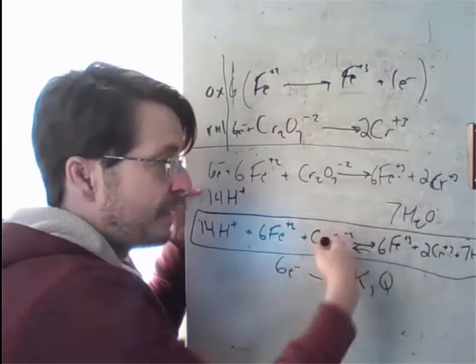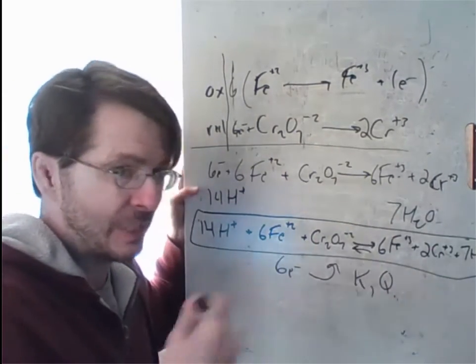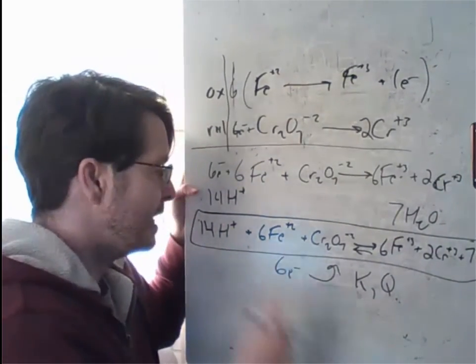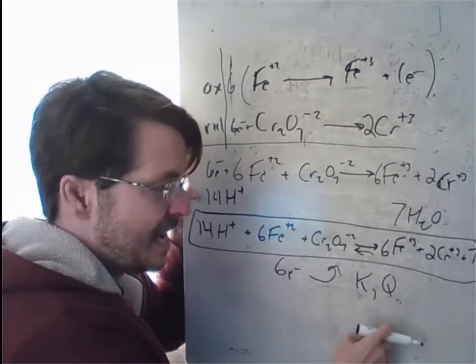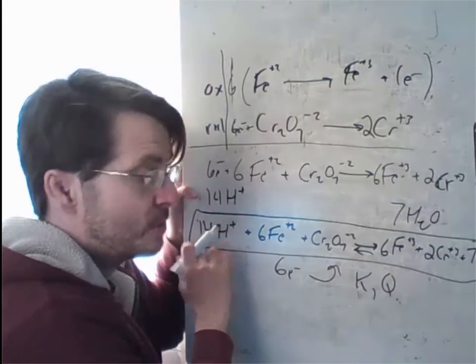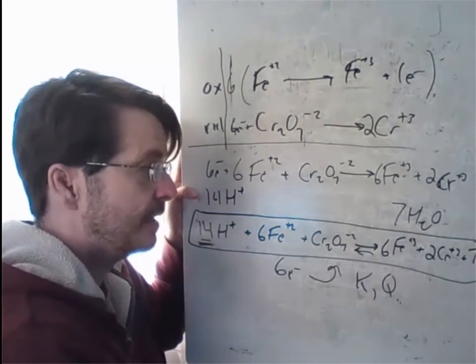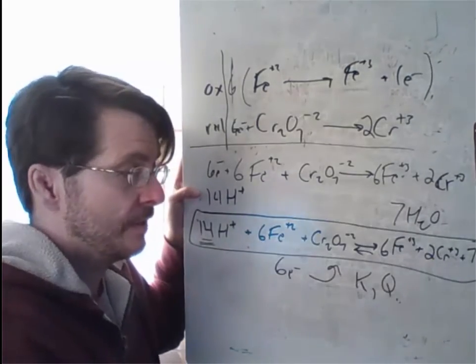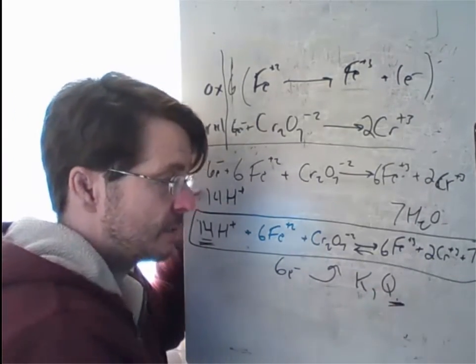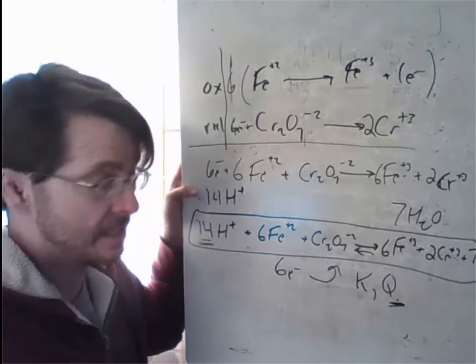Because now when we know the balanced reaction, these are easy. And we can see that this H plus is going to be in the denominator. It's going to have a huge power relationship. All right? And so there's going to be some very high sensitivities to the spontaneity of this reaction depending on acid concentrations.